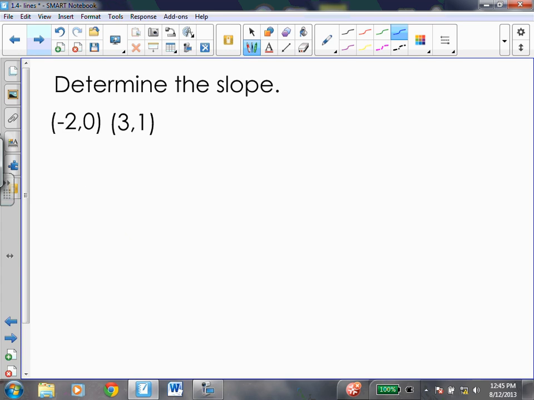Let's determine the slope of this line. It doesn't matter which point is your first point and which point is your second point. The key thing is that you stay in the same order every time.